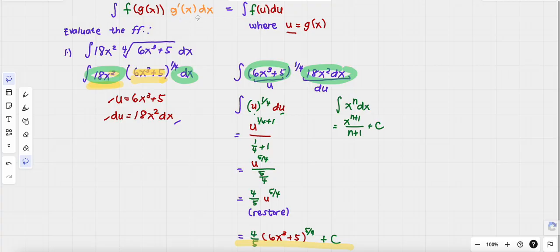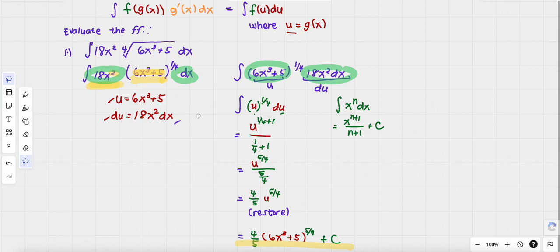So in other words, g prime x is represented by du. If you look at here, g prime x dx is actually du. So in this procedure, this is where you will apply your knowledge partly from differential calculus, which was to differentiate, right?